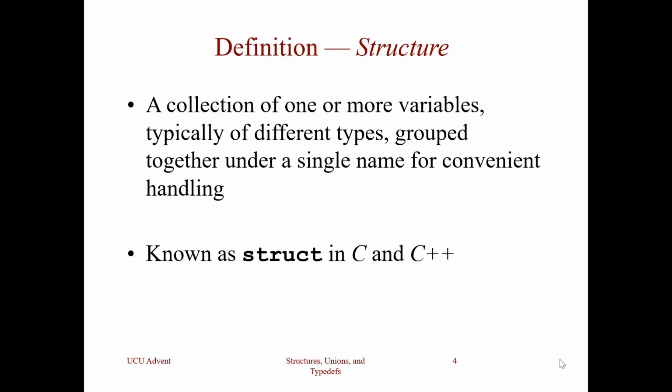They are all grouped together under a single name for the purpose of convenience of how to access them. This is what we know as a struct in C or in C++. So a struct is actually that collection of a number of variables.